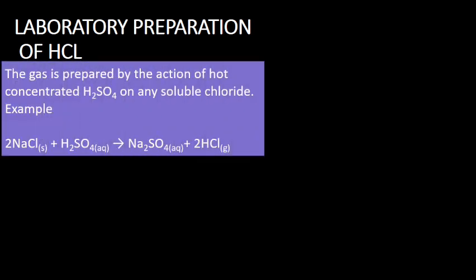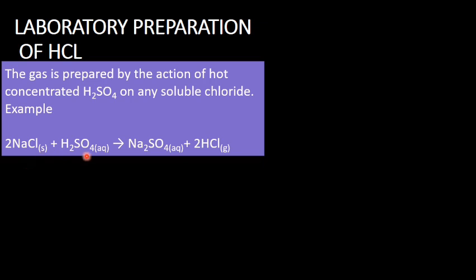So let's talk about the laboratory preparation of HCl. The gas is prepared by the action of hot concentrated H2SO4 on any soluble chloride. For instance, a soluble chloride here could be sodium chloride.